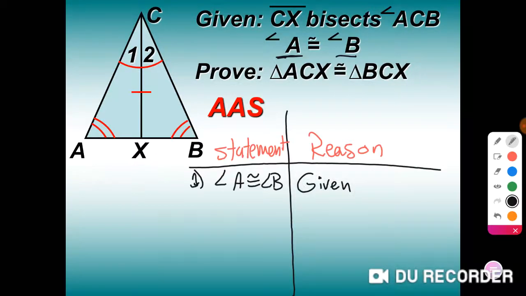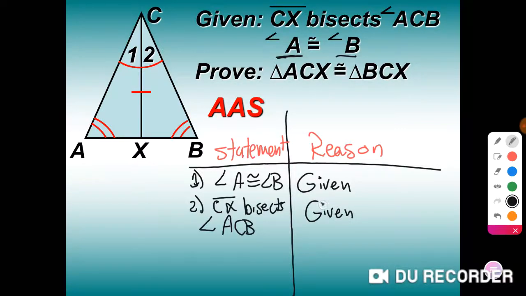Okay, and statement number 2, I can say that line segment CX bisects angle ACB, and it's also given.